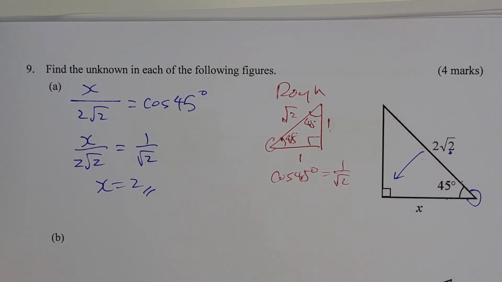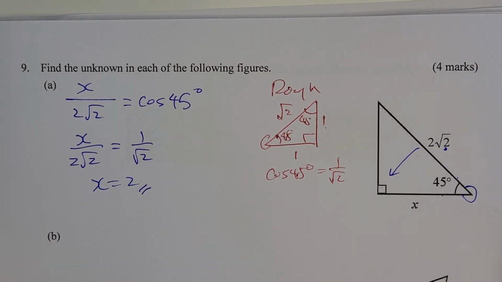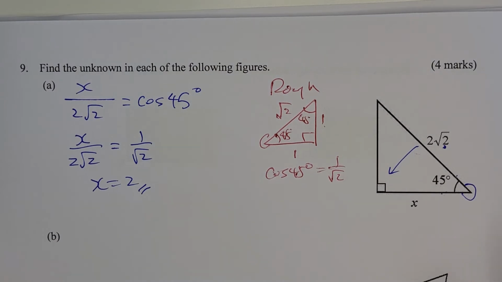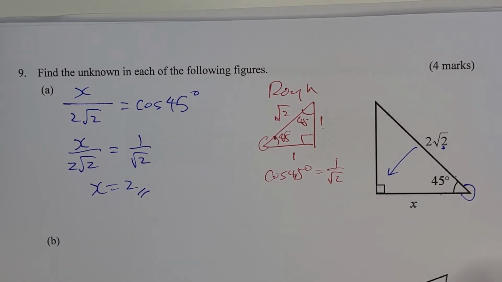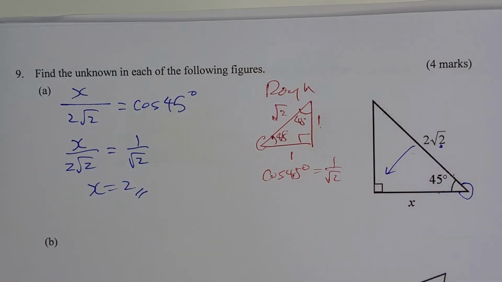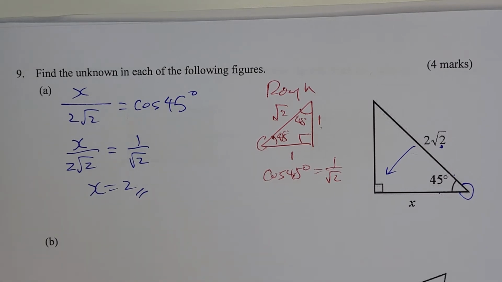If you use a calculator, you can just say x can be rounded off to 2, but you cannot tell that x is exactly equal to 2. That's the difference. So you need to express cosine 45 degrees in surd form. Alright?